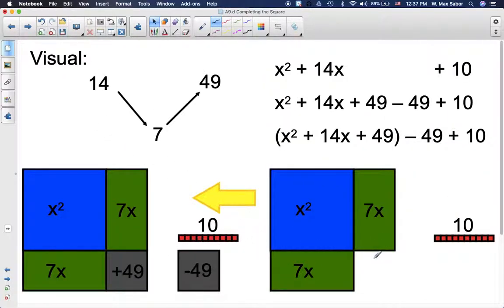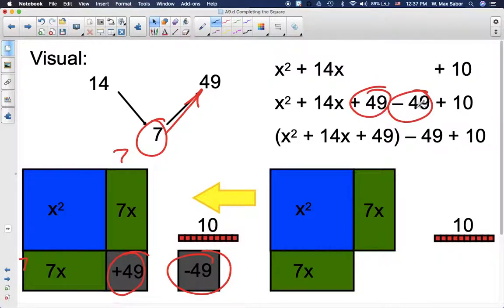Now, once we've moved that 7x over, we need to add the 49. But in order to balance it, we have to also subtract 49. So this is us taking 7 and squaring it. 7 times 7 gave us 49, minus 49. And then we group this together because this is a perfect square.